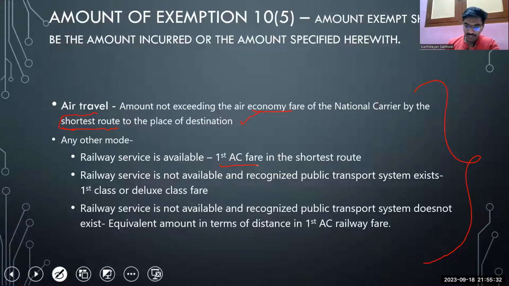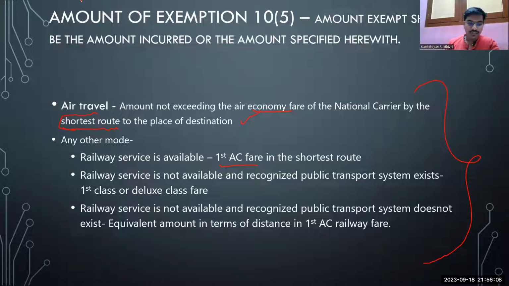So if railway service is available from, assume for example you are going to Kulu Manali. So if there is a railway service from Chennai to Kulu Manali, then you should take the first class AC airfare as the amount of maximum exemption. இப்பதே வந்து you are not going from Chennai to Kulu Manali, you are going from Chennai to எங்கயா வந்து இது இல்லாம இருக்கு ஊட்டி அப்படின்னு வச்சுக்கோ, where the railway service is not available, but there is a recognized public transport system, government buses are there.